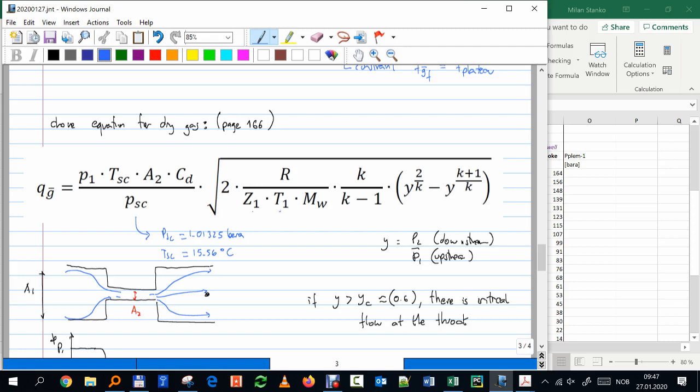Then the deviation factor, the temperature at the inlet, and the molecular weight, that is, this R is the universal gas constant divided by the molecular weight of the gas. And K, what is K? K is the ratio between specific heats, which is Cp divided by Cv.